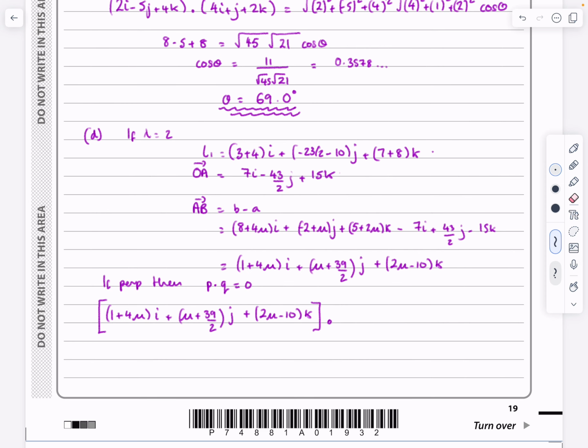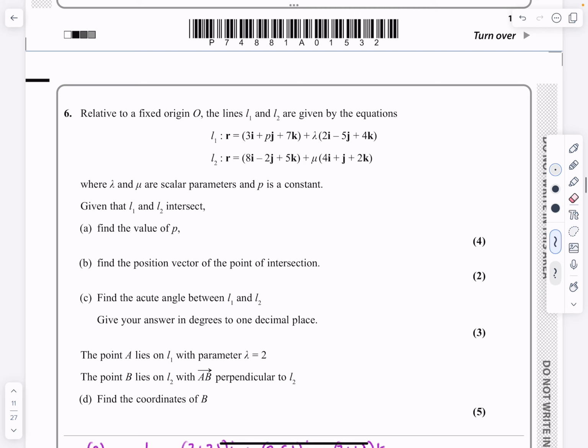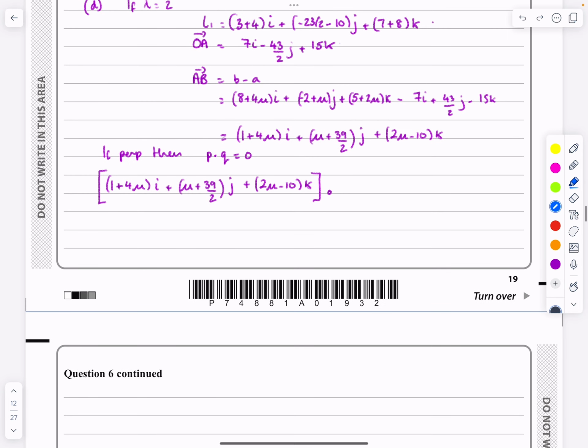It's perpendicular to the direction of L2, isn't it? So, oops, sorry about that. It's perpendicular to L2. So AB dotted with that one is going to be giving me 0. I just said a minute ago that the way you set these things out means you're less likely to make mistakes as you're going through.